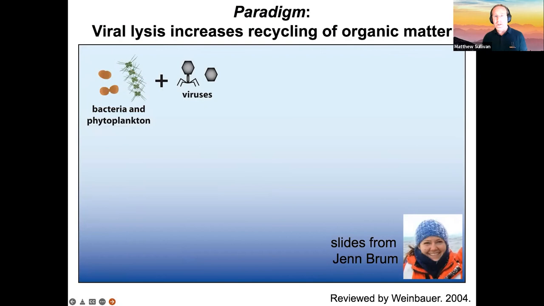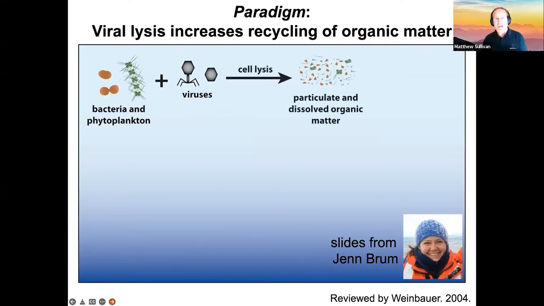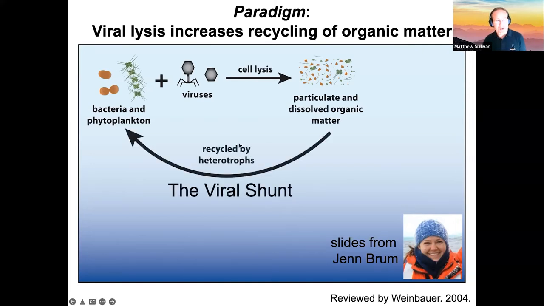So the paradigm was actually that of the viral shunt. The idea was that bacteria and phytoplankton get infected by a virus. That leads to particulate and dissolved organic matter that's rapidly recycled by heterotrophs through this process called the viral shunt. And this was really the paradigm in the field since the late 90s.